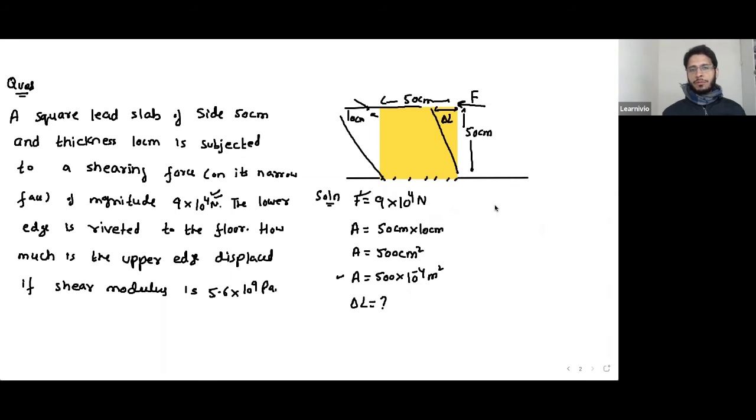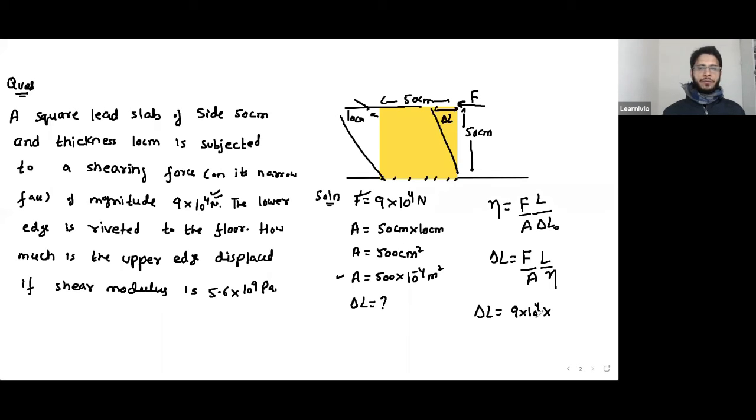So the straight formula based question, your modulus of rigidity is its force divided by area into delta L over L. You're supposed to calculate this delta L. So we can write this delta L as its force over area, L by modulus of rigidity. So if I substitute all values here, your force is 9 into 10 raised power 4.